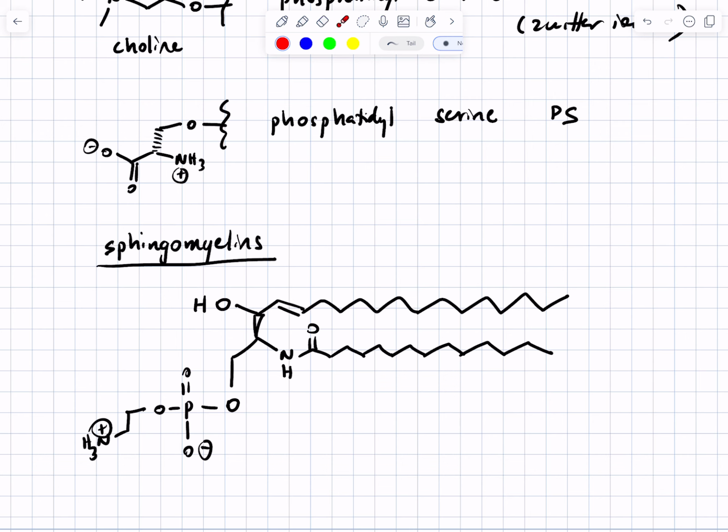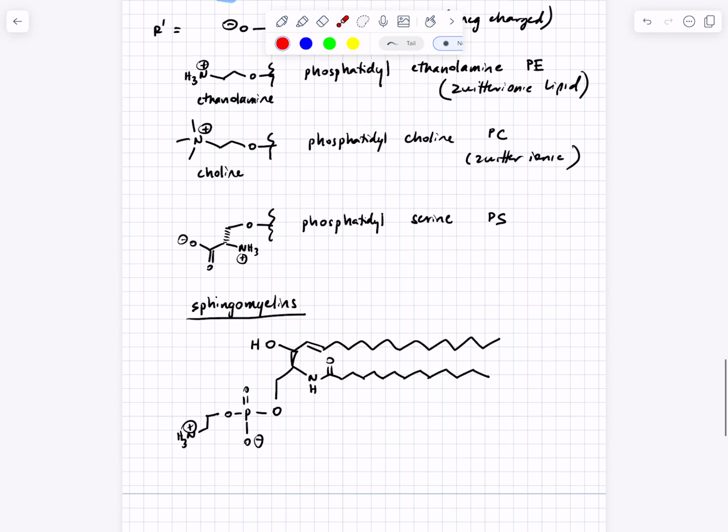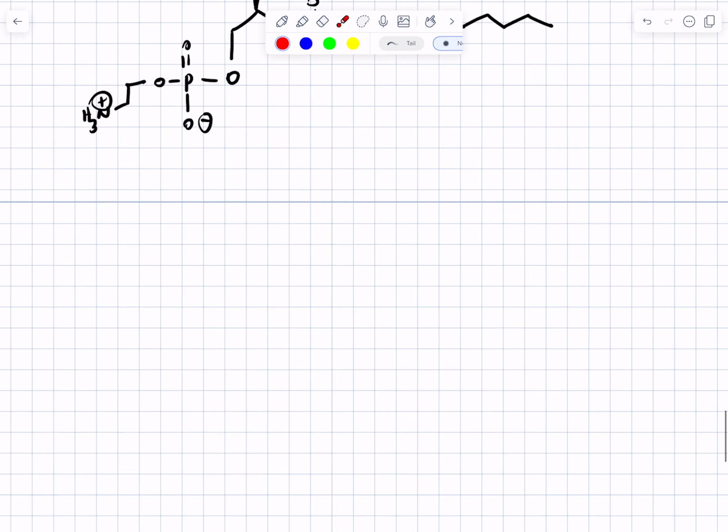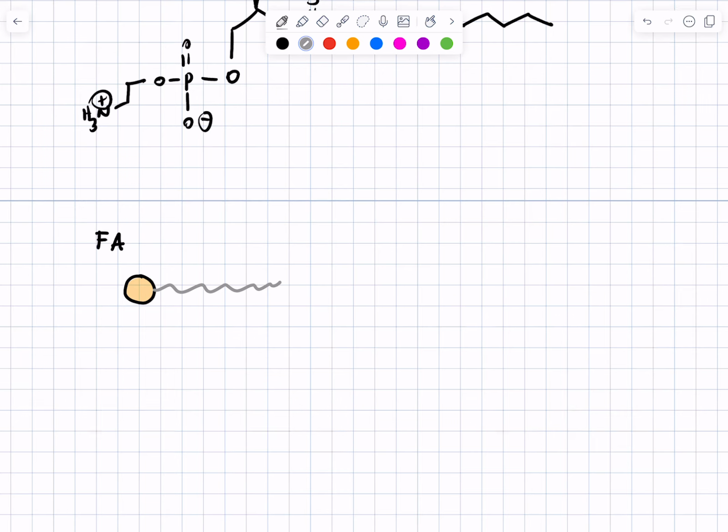Okay, let's just review something real briefly about fatty acids versus phospholipids. So in the fatty acid, the basic shape is polar head group, which we'll color orange here, and then nonpolar tail, right?